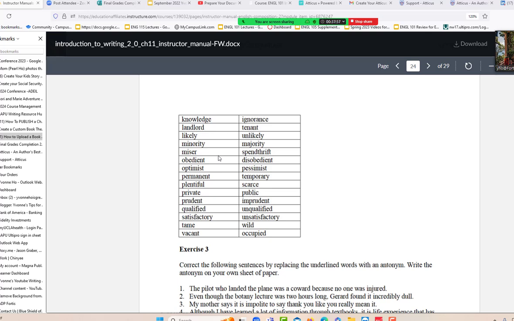So you add a prefix to that and it changes the meaning of the word. Qualified, unqualified. So just adding that prefix can then make it into its antonym. So you change the meaning of the word. Satisfactory, unsatisfactory. That's another example of a prefix. Tame, wild, vacant, occupied.